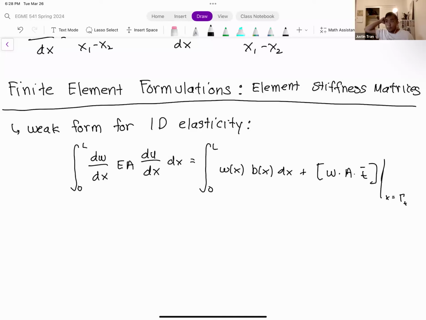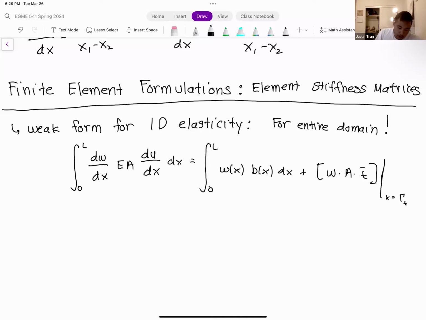This is the weak form applied over the entire domain, from 0 to L. Remember, when we're doing a finite element formulation, we're only doing this for the specific elements.